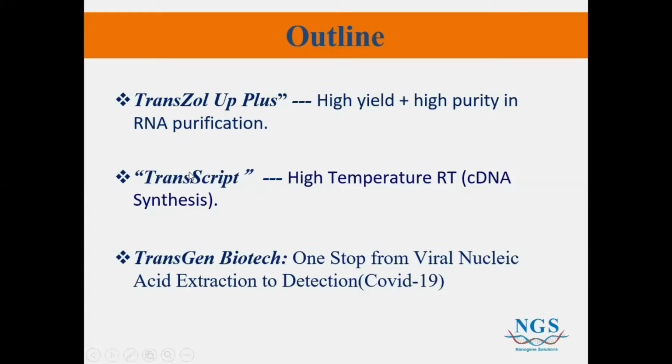This is another technology for cDNA synthesis, where you can apply high temperature in your reverse transcription process. And for the last part, I'll talk about Transgene Biotech. You will see how they are the one-stop solution from viral nucleic acid extraction up to detection level. This part will focus more on COVID-19.